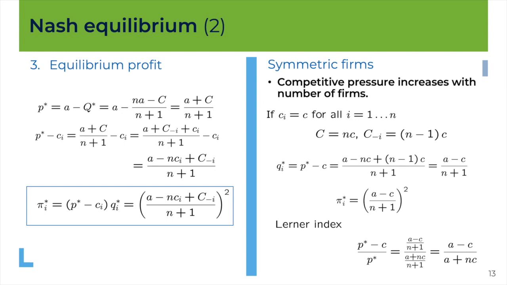Okay, so you can see this model of quantity competition or Cournot competition with symmetric firms as a continuum going from monopoly, n would be equal to 1 in that case, towards perfect competition, with n going to infinity. Okay, and in between you've got the oligopoly, which becomes more and more competitive as the number of firms is growing.